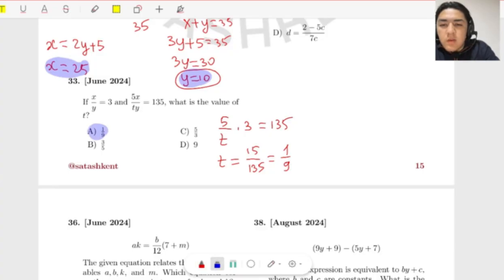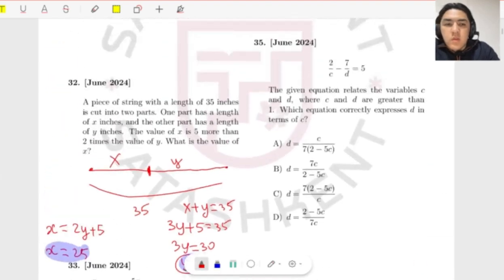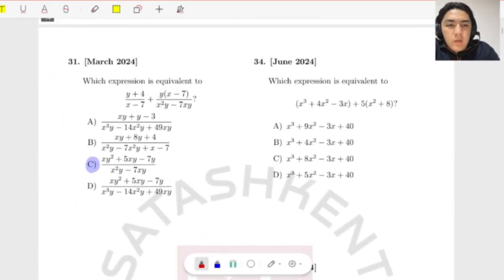Yes, it is A. Question 34. So x cubed plus 4x squared plus 5x squared, 9x squared minus 3x plus 40. The answer is A.